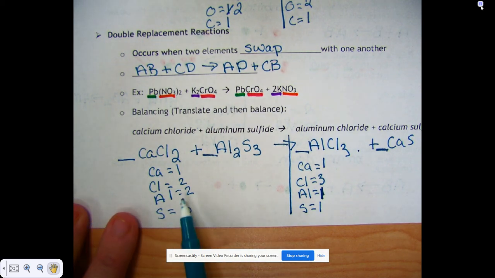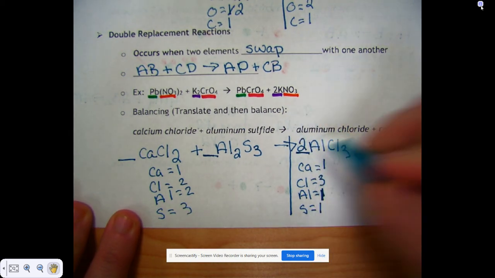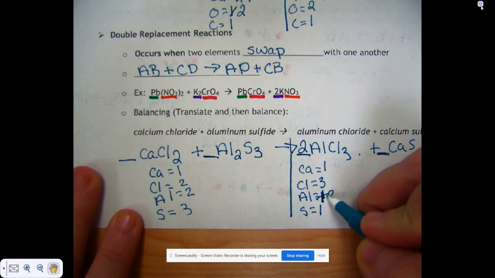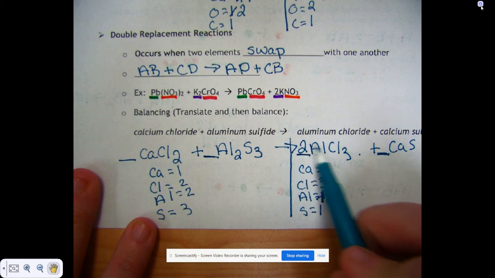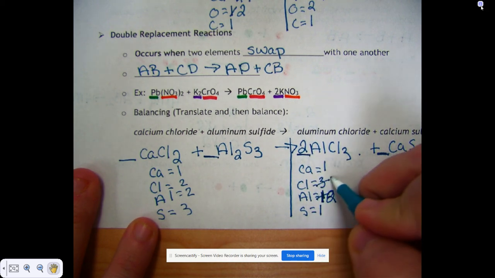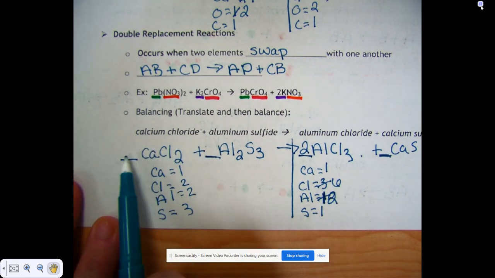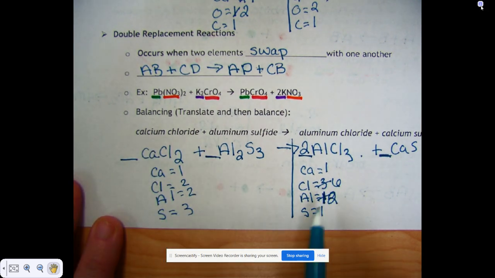Okay. So if I start with a 2 and the 1, I know I need to come over here and make this into a 2 by adding a 2. That gives me 2 aluminums. I now have 6 chlorines. Okay. Now my aluminum's matched, my calcium's matched. I'm going to come back over to the left. Let's make my chlorines match real fast.